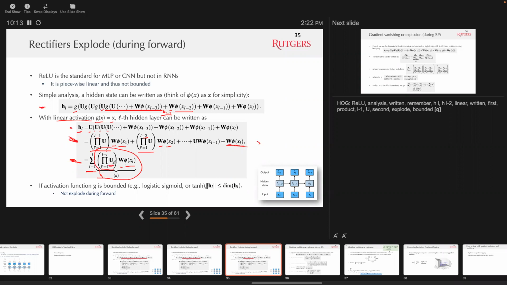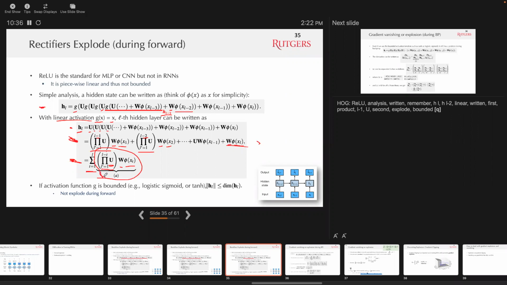And there's a very high risk that it's going to explode if you do not have some kind of non-linear activation after each application of U to squeeze it such that it's going to become between 0 and 1. It's very easy to explode, right?